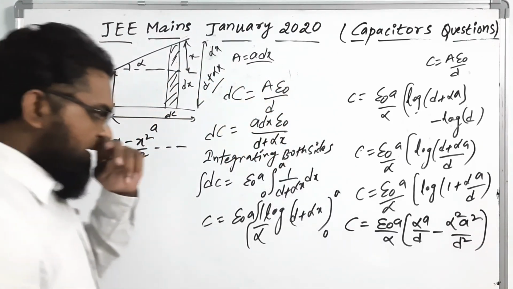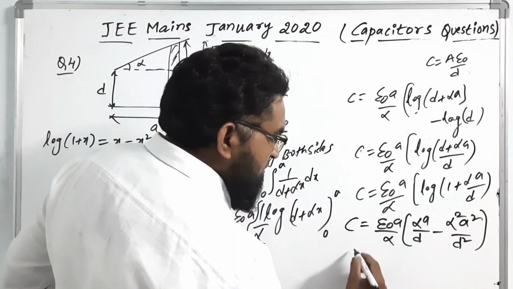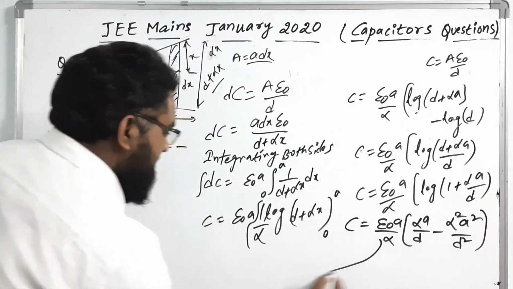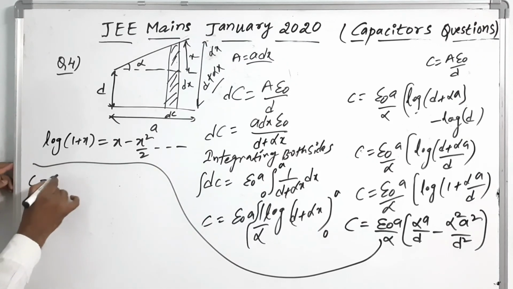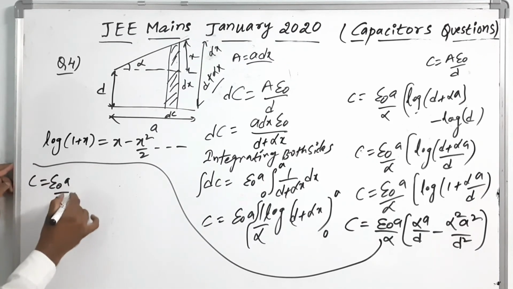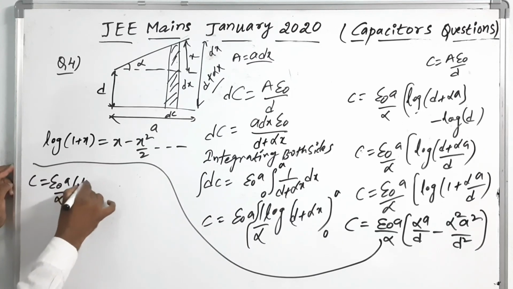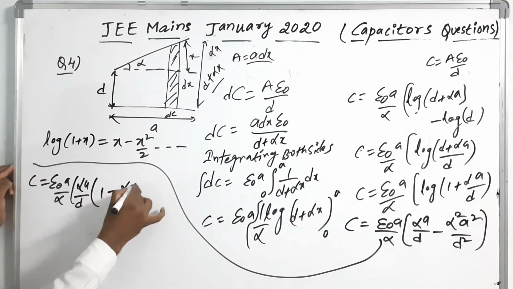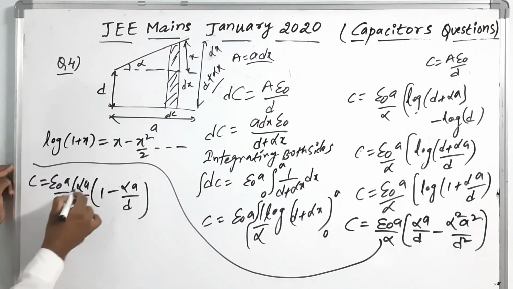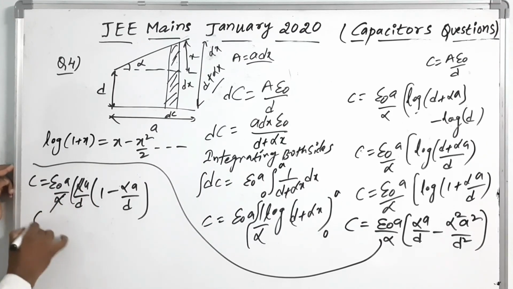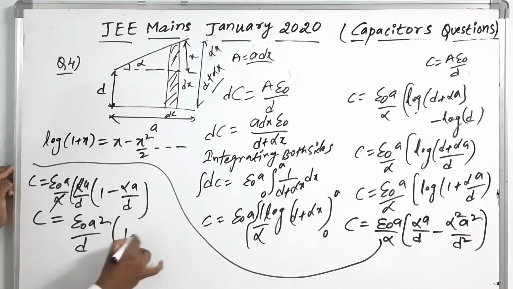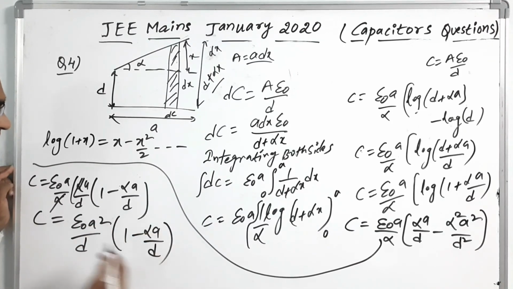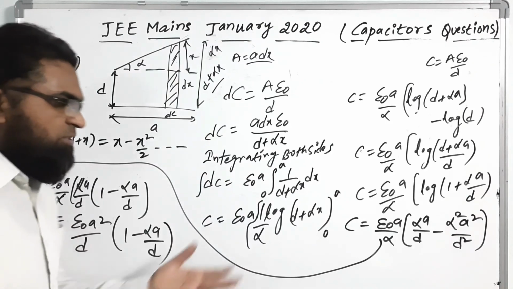This formula is applied here. So C equal to epsilon naught A by alpha, with the common term alpha A by D, and the remaining 1 minus alpha A by D. The alphas cancel, so the final answer is epsilon naught A square by D, times 1 minus alpha A by 2D. I hope you understood all the steps.